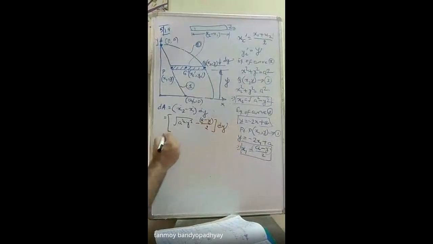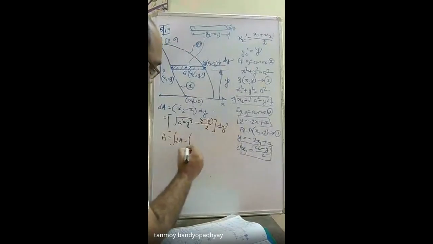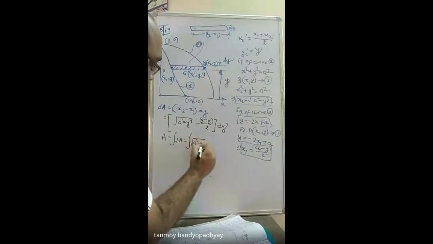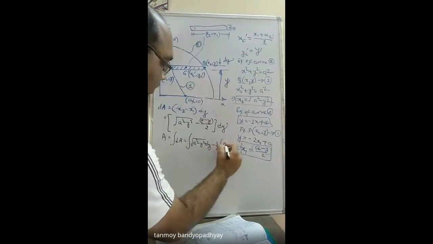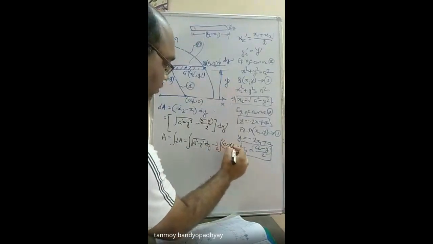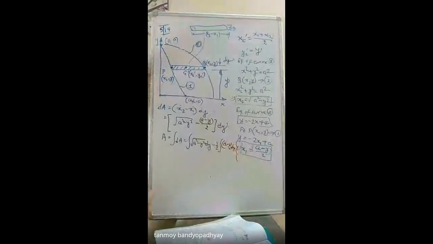Now I hope you can complete this integration. It is an integration in y: integration of root over a square minus y square into dy minus half integration of a minus y into dy. y varies from 0 to a. Just complete this integration and see what value of the bounded area you are getting.